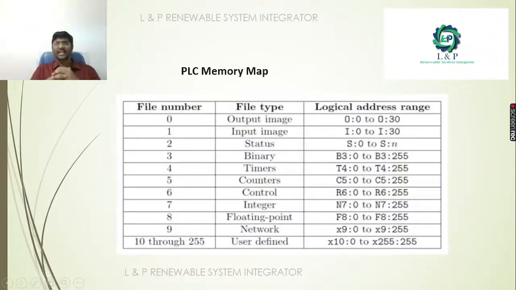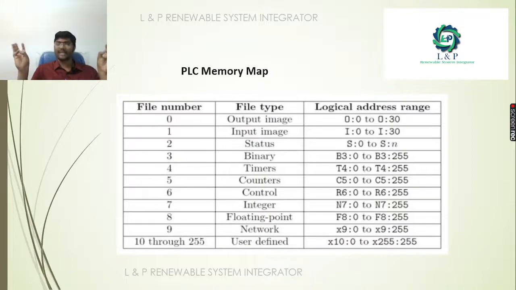So as we discussed regarding this PLC memory map, I am providing it for the Allen Bradley PLC, basic PLC. For outputs you can use O0 to O30. For inputs, I0 to I30. For binary functions, B3 from 0 to 255, that is 256 bytes you can use.